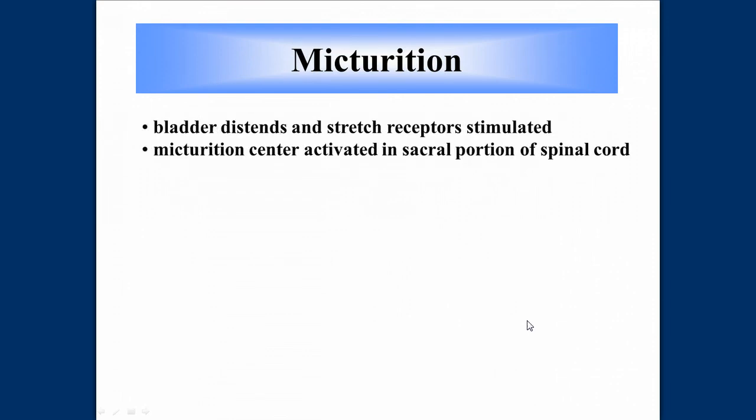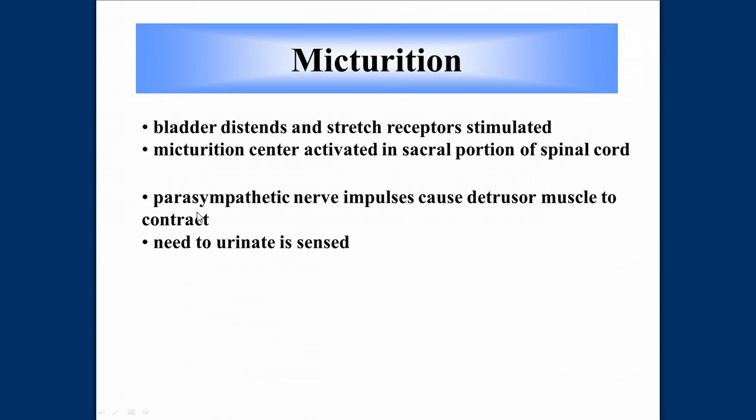Micturition is the elimination of urine. The bladder distends and stretches, stretch receptors are stimulated, and the micturition center is activated in the sacral portion of the spinal cord. So initial nervous information is sent to the spinal cord. Parasympathetic nerve impulses cause the detrusor muscle to contract.